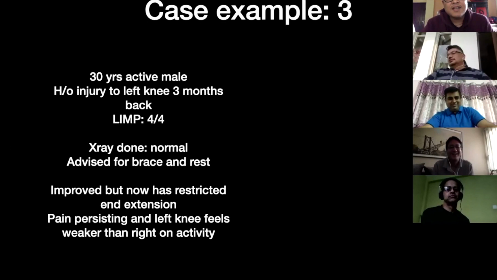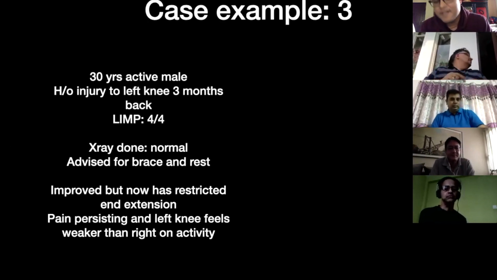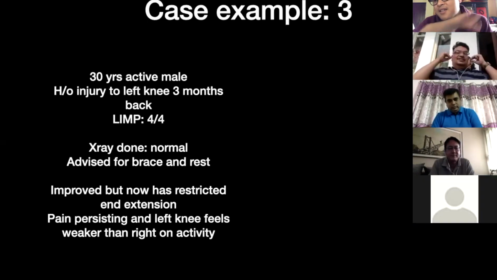30 years, active male, history of injury to left knee 3 months back. Limb was 4x4 at that time, and X-ray was done. He was told the X-ray is normal and was advised brace and rest. He improved, but now he has restricted end extension of the knee joint and pain is persisting. His left knee feels weaker, and the weakness increases with activity.